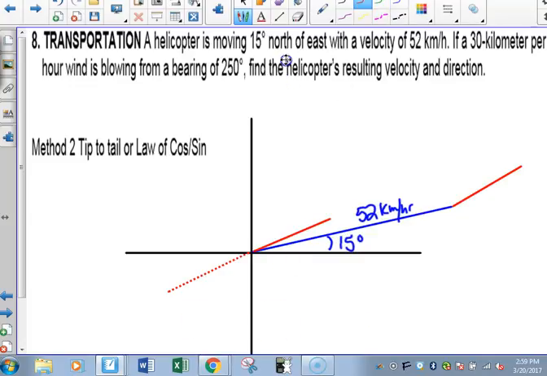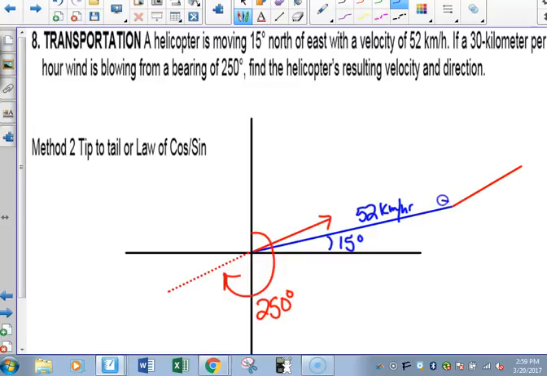All right, the wind is a 30 kilometer per hour wind blowing from a bearing of 250. So the 250, I don't even know where to write that, but it's all the way around here, right? But the wind is blowing from there, so it pushes the vector through here.